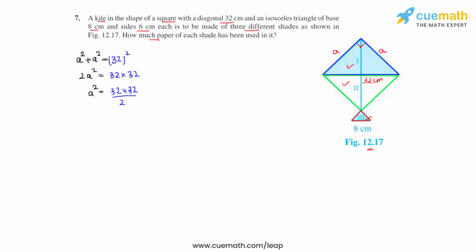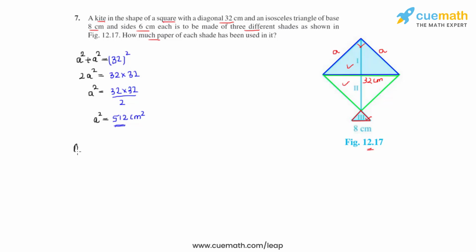So we get the area of the square to be equal to 512 centimeters square.